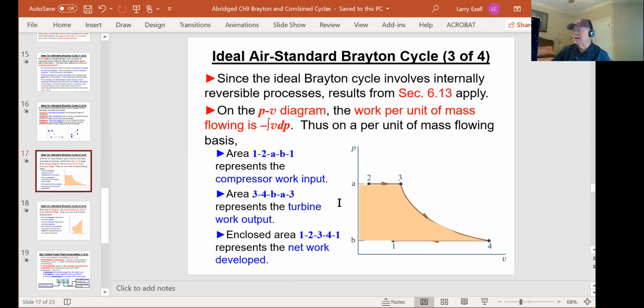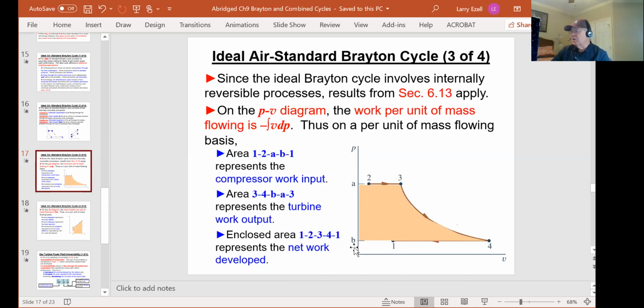Then it talks about, now we look, as you know, we generally use a TS diagram, but it's interesting if we look at a PV diagram, the compressor work ends up being 1, 2, A, B, 1.